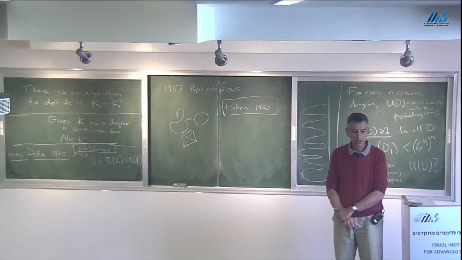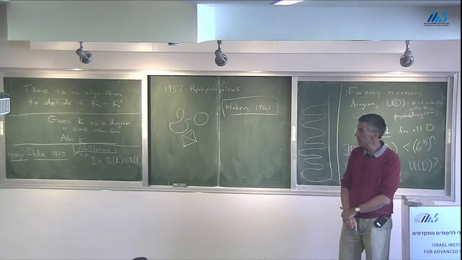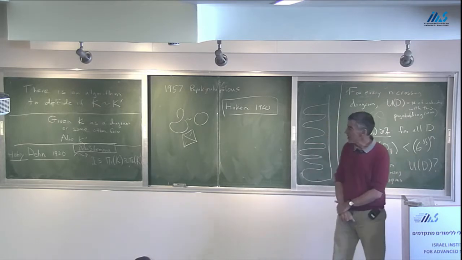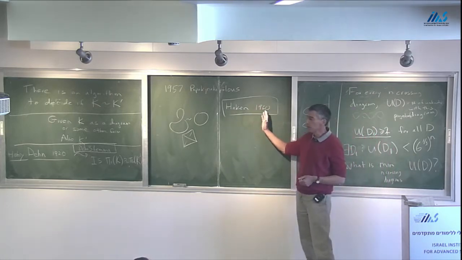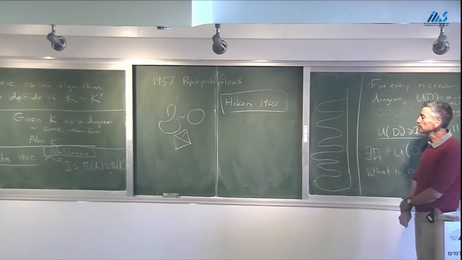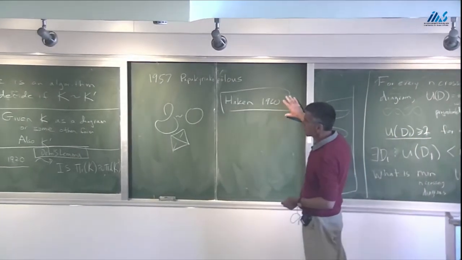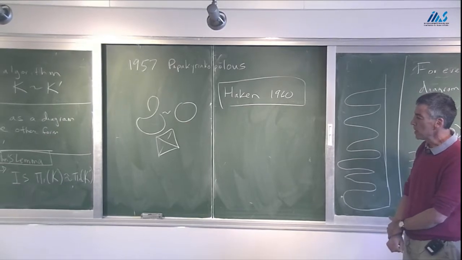Haken certainly claimed it, and he had most of the ideas. There were other ingredients that were filled in later in the 60s. Even more recently, some gaps were filled. But the basic idea was given then, and it was thought to be intractable.